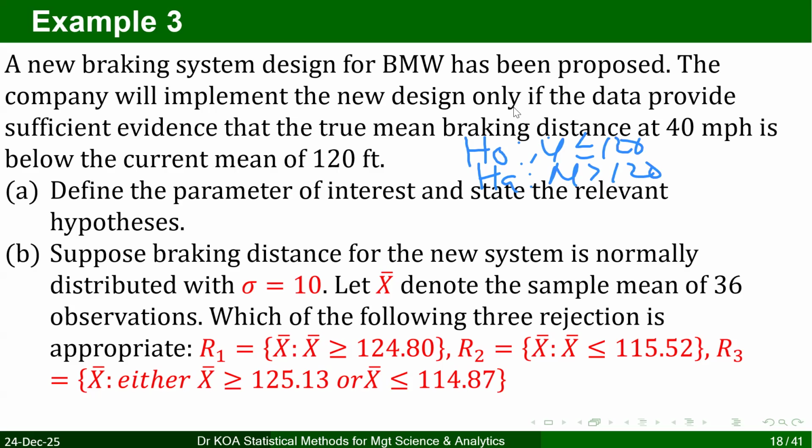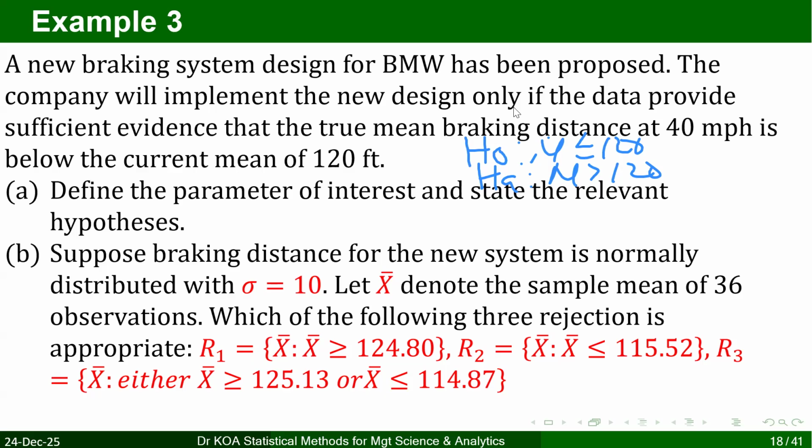Now, what does the first one mean in English in terms of the braking system? It means that an average BMW at 40 miles per hour brakes in a distance of 120 feet or below.